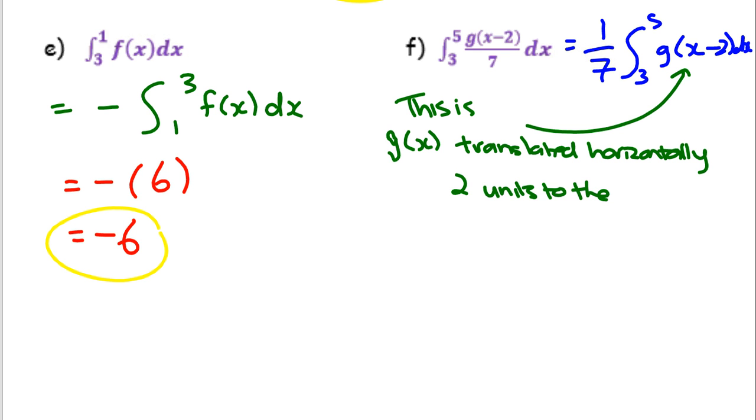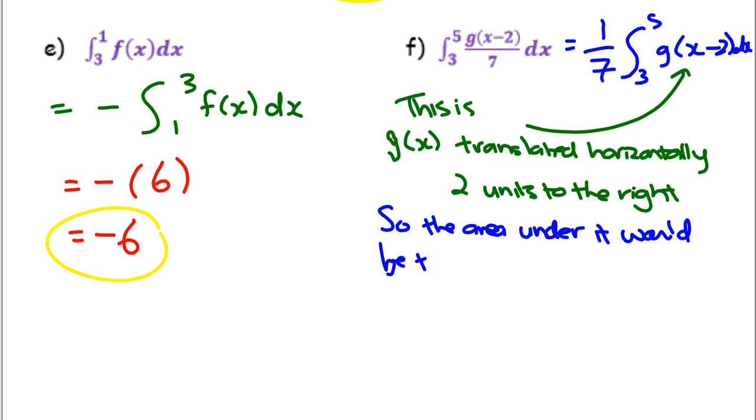So in a way, it's going to bring back this function stuff. So this happens to be the same as g of x translated horizontally 2 units to the right. And the area under that would be the same.